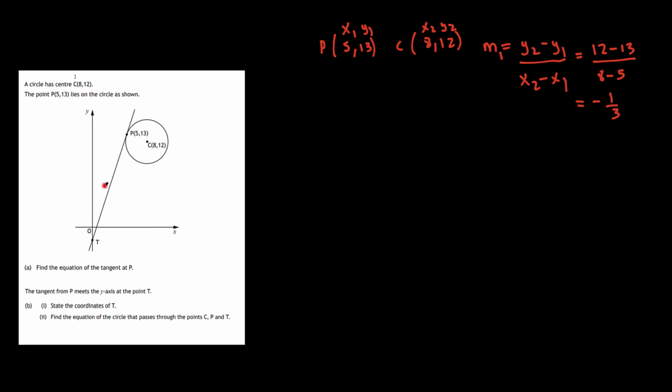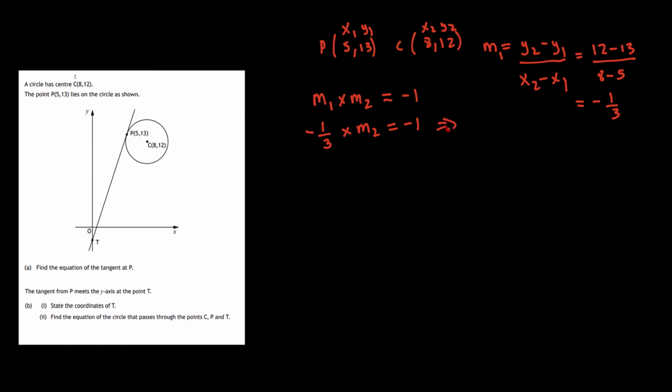And let's call the gradient for the tangent m2. For perpendicular lines, we know the product of the two gradients will be equal to minus 1. So we know m1 is minus 1 over 3, and m2 should make the product minus 1.